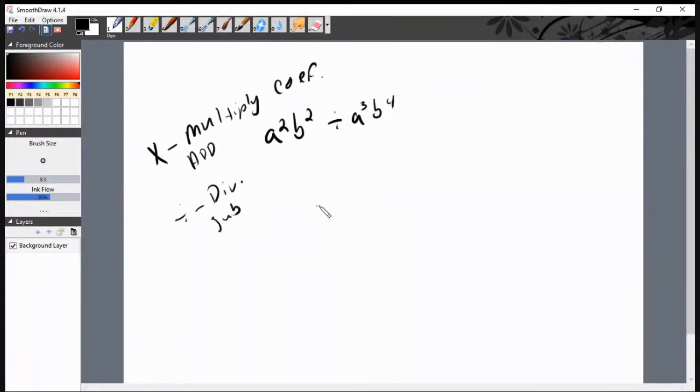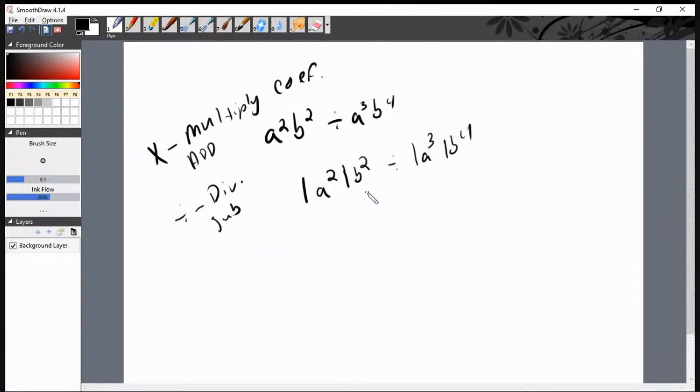So the numerical coefficients for this one here, it's actually 1a to the second power times 1b to the second power divided by 1a to the third power times 1b to the fourth power. That's really what you're looking at, because the 1 is unstated, but it's there, right? So the ones mean everything's going to pretty much stay the same.